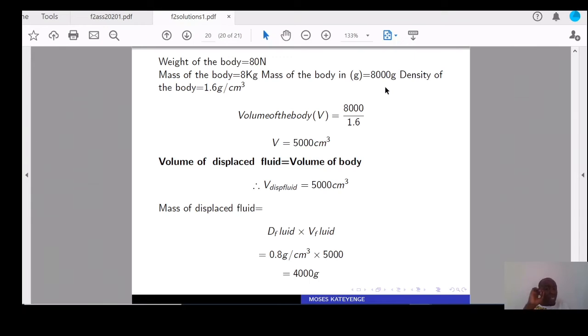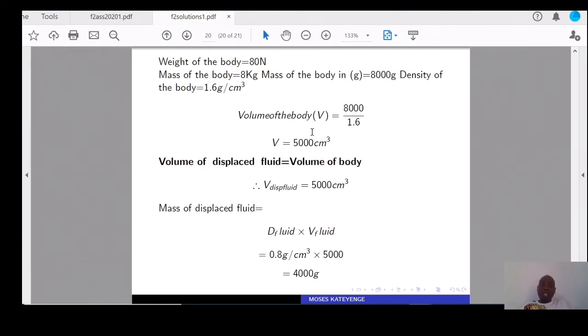So if they give me the real weight and the density of the body, the first thing I'm supposed to do is to find the volume of the body. Yes, because when I know the volume of the body, I know the volume of the displaced liquid. And that's what we are going to do here. So we have a mass of 8 kilograms, and we change it to grams, it becomes 8,000 grams. Now the density of the body has been given as 1.6 grams per centimeter cubed.